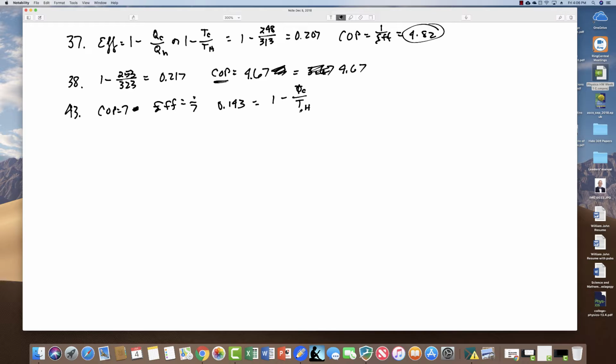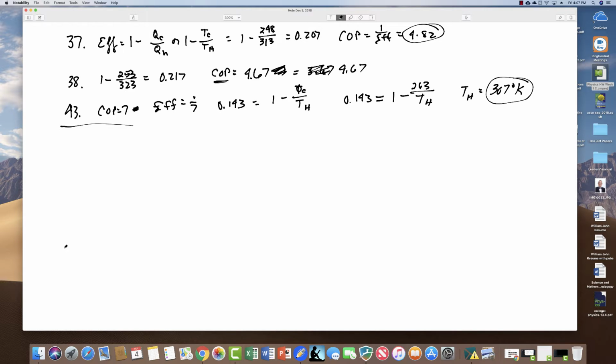And we know that TC is 263. So if we put 0.143 equals 1 minus 263 divided by TH, and if we work through this, we get a TH of 307 degrees Kelvin.